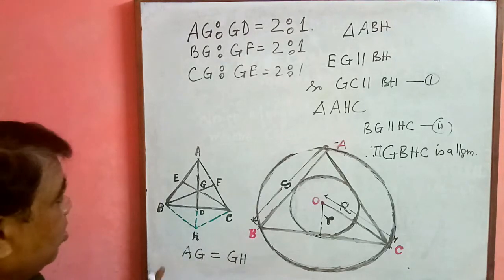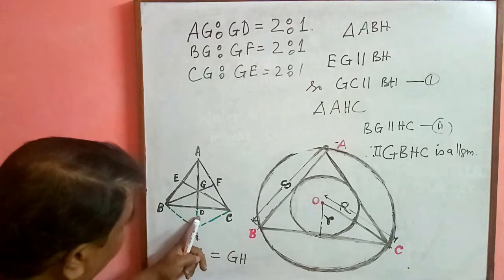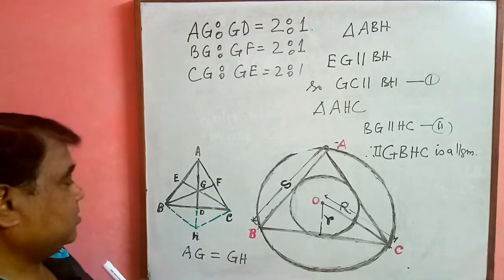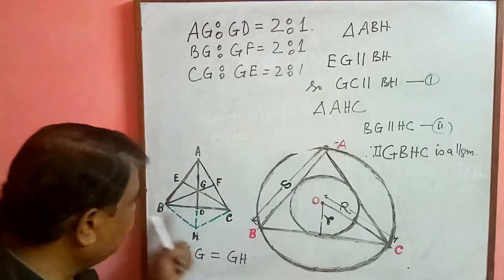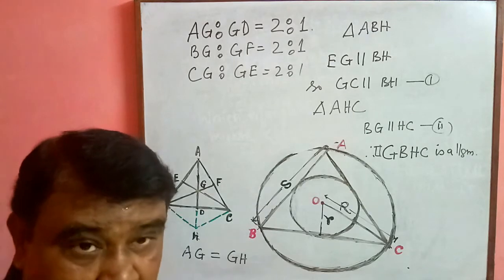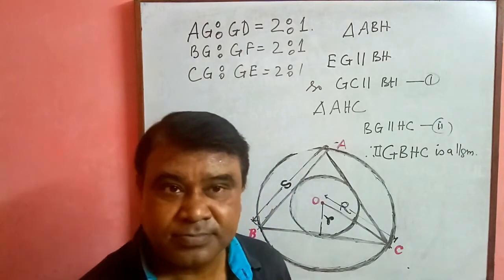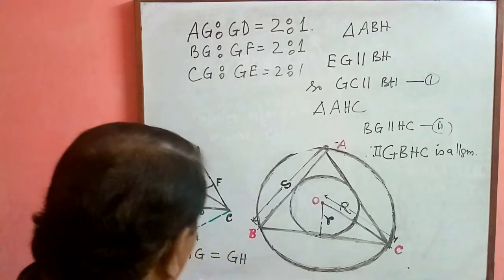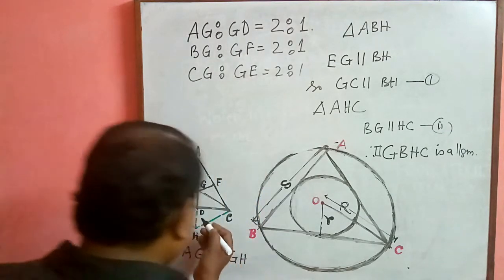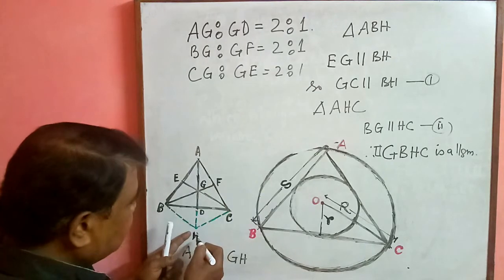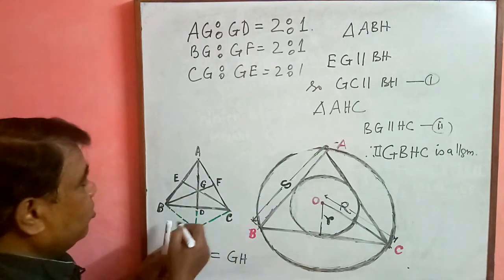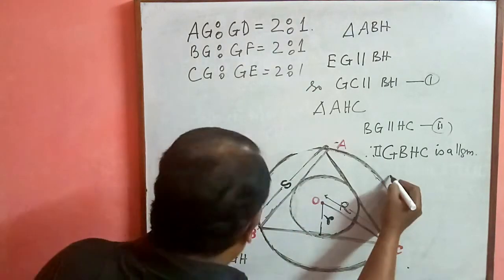D is the midpoint of both the diagonals, GH and BC. We know diagonals of a parallelogram bisect each other, so D is the midpoint of GH.